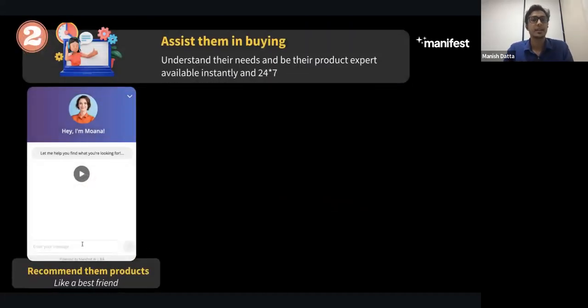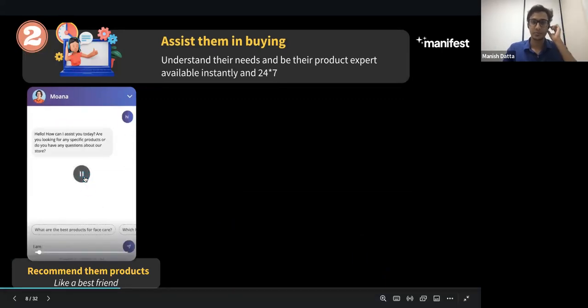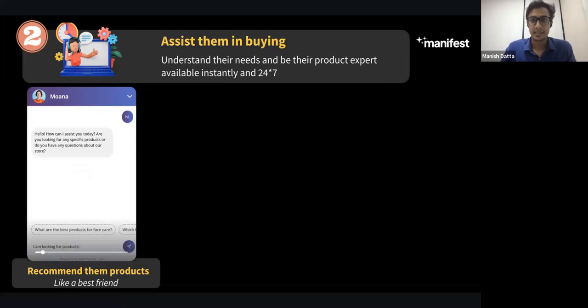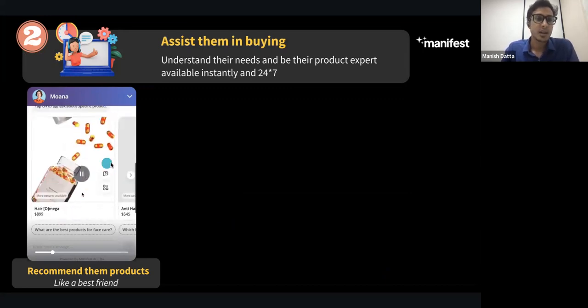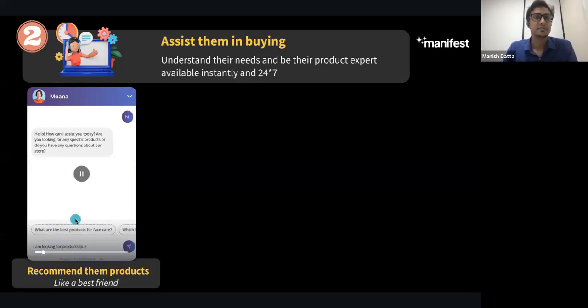And similarly, giving a seamless journey and assisting your buyers to understand what their needs are. Let me also just play this for you. Understanding the needs and also being a person who recommends what they're looking for is key in solving this. So in this example, I'll just roll it back a bit.